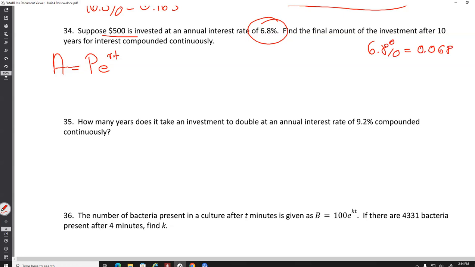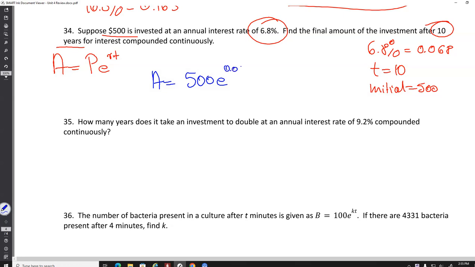Then it says to find the final amount after 10 years. So time is 10 and initial value is 500. I'm going to plug it in: A equals 500 for P times E raised to rate and time.